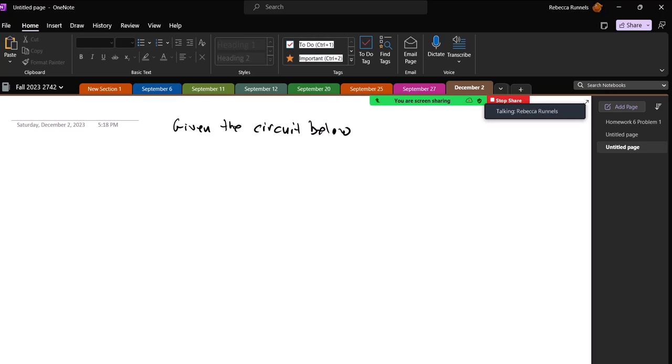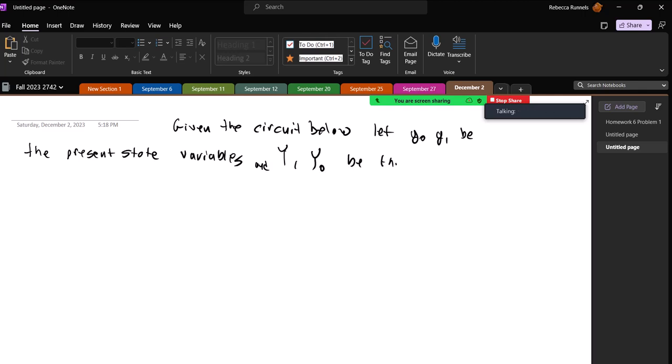Given the circuit below, let little y1 and little y0 be the present state variables, and capital Y1, capital Y0 be the next state variables.